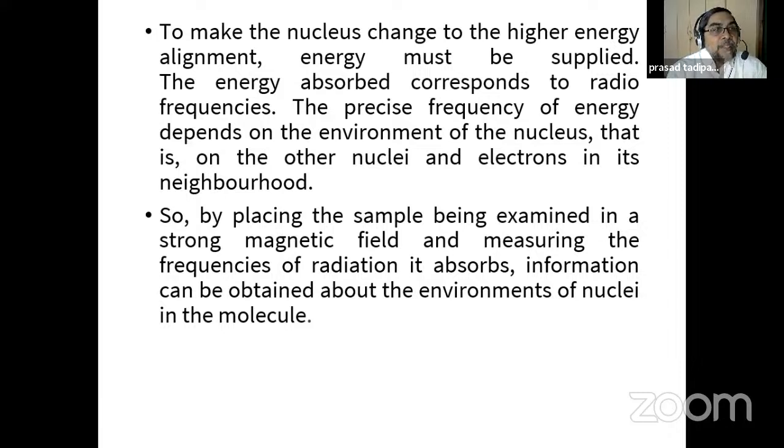If you supply some energy, that energy will be absorbed, and that corresponds to radio frequencies. Whatever energy we are supplying in the radio frequency range, the frequency of energy depends on the environment of the nucleus, that is, on the other nuclei and electrons in its neighborhood. When it goes to the higher energy, because we are supplying some energy, what type of energy are we supplying?